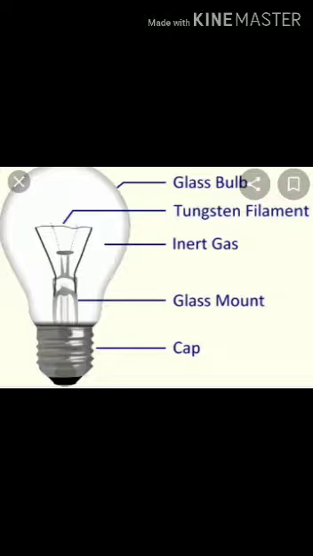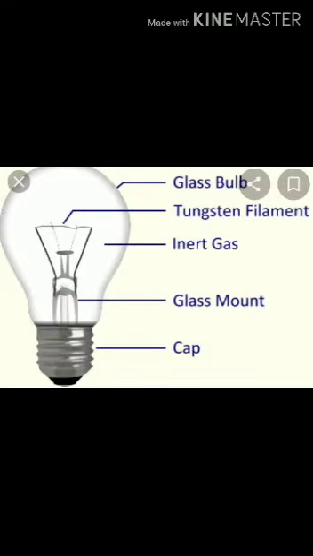Some other electrical appliances, such as the electric iron, contain a coil tightly wound around mica plates. When current passes through these coils, the electric iron gets heated. The amount of heat produced by the electric iron depends on the following factors. First factor is the length of the coil.